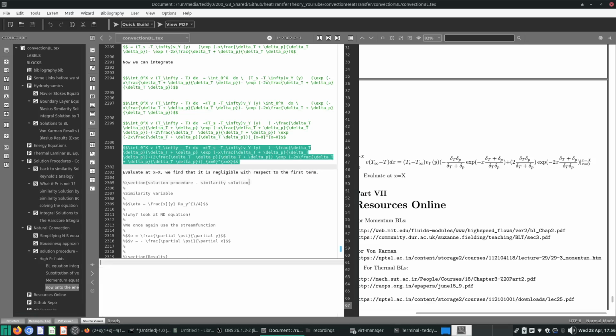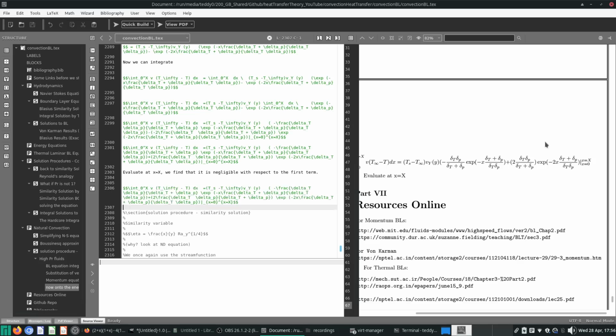So I'm only going to evaluate at x equals to 0, then I'm going to flip the signs. I'm just going to evaluate this whole term at x equals to 0.